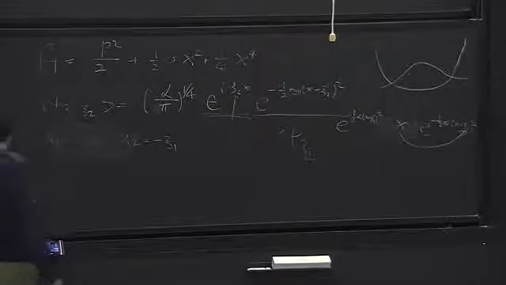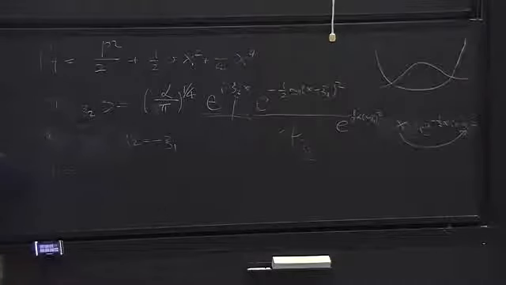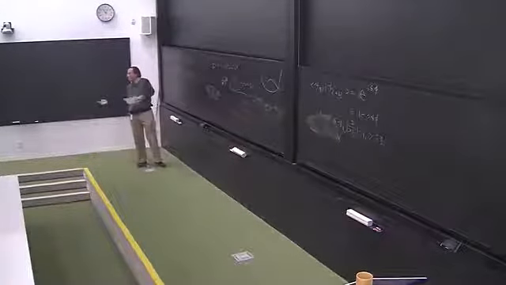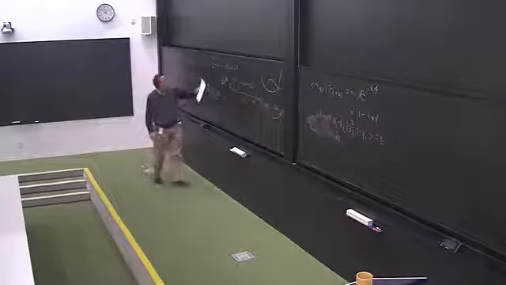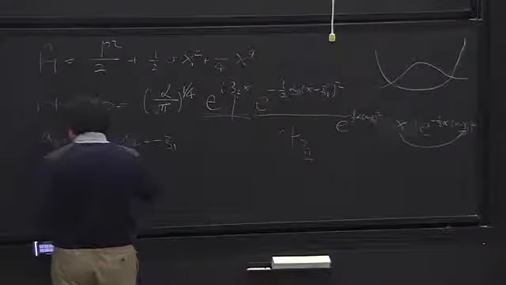And H bar will be, it's easy to understand, just an average energy. It's messy because we have a quartic term, it's pretty messy to compute. So let's just write down the answer.